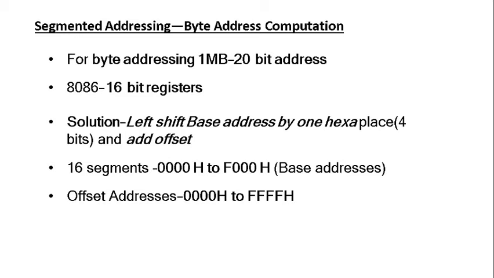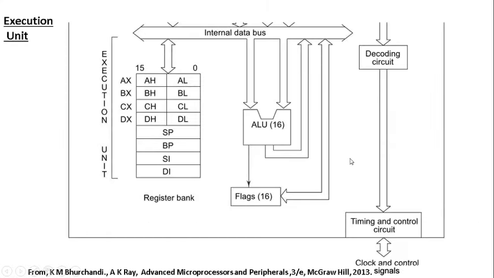I talked about the 16 segments within 1 MB RAM, right? These 16 segments start at the addresses 0000, then 1000, like that up to F000. You can see that from 0 to F it is 16 different segments. And the offsets within these segments can range from all zeros to all Fs. So that is how addressing happens in 8086.